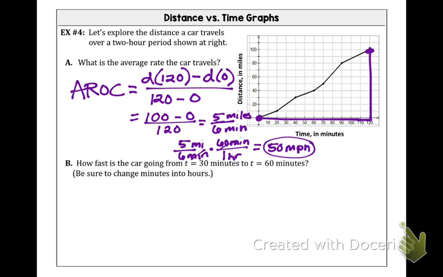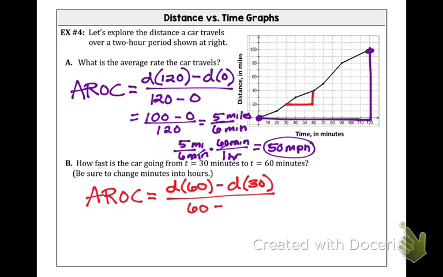So now we're going to do it between the interval from 30 to 60. Well, again, I could just look at the graph and go from 30 to 60 and count my rise over my run to find the average. Or we can do it out by hand. So my average rate of change is equal to the distance at 60 minutes minus the distance at 30 minutes, all over 60 minus 30, which distance at 60 was 40, distance at 30 is 20, all over 30 gets us 2/3.